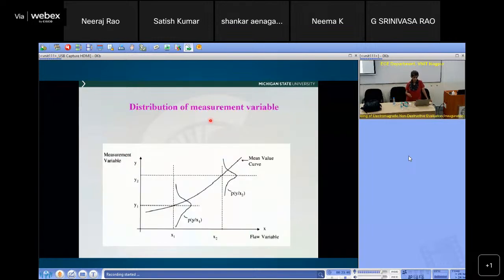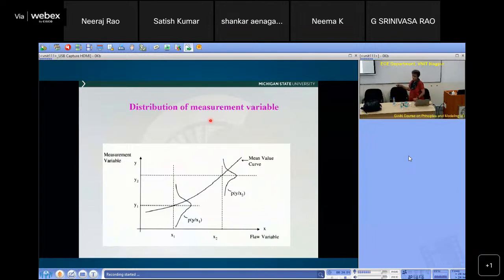So what happens is that if you have the same defect, if you make multiple measurements, or you have multiple samples, all of them the same, you think it's the same, the signal is never the same. This axis is the signal peak amplitude, and this is the flaw variable.